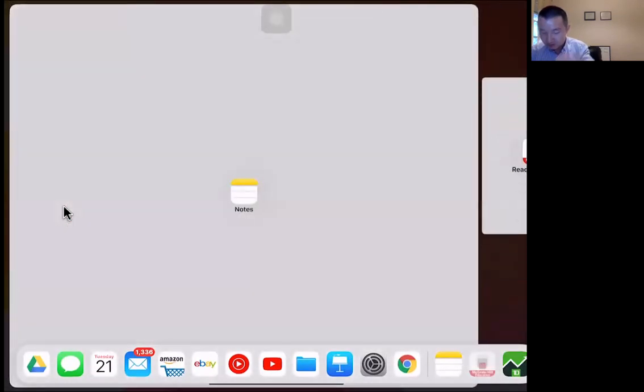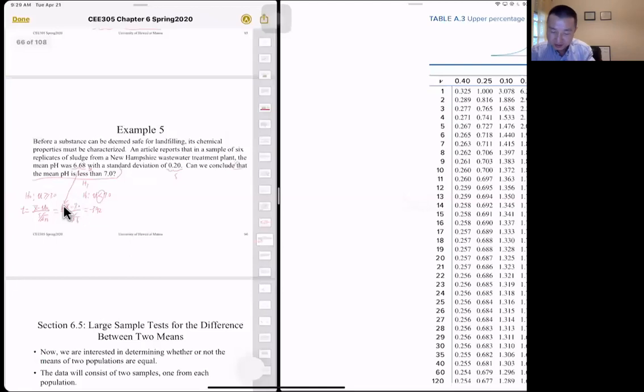All right, here is the table, the Student's t distribution. So we calculate the t value, which is minus 3.92. For the t table, it doesn't give every possible value.